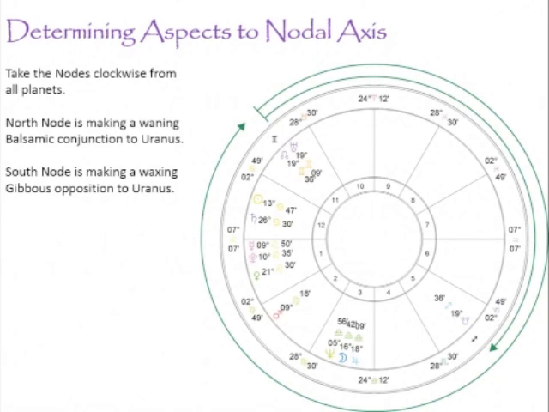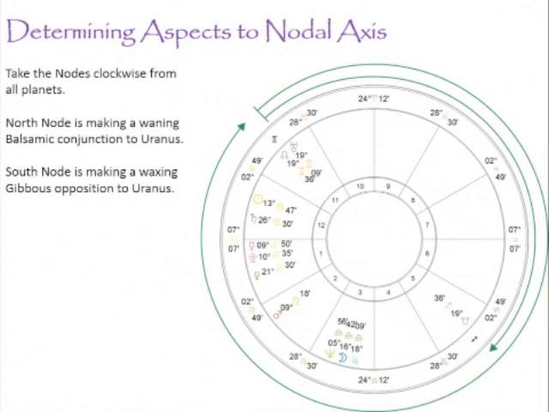So again, the whole point that I'm just trying to establish here is when it's points in space, nodal axis, ascendant, midheaven, etc., you start with the planet and you go in a clockwise fashion until you get to the point in space.